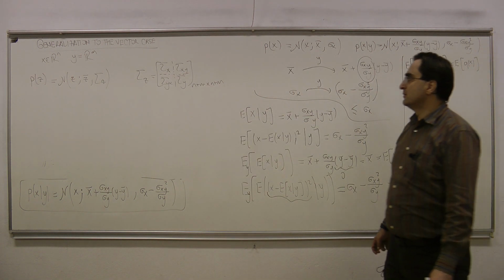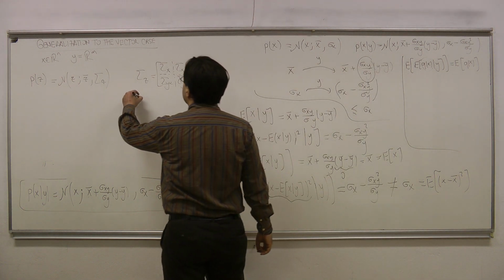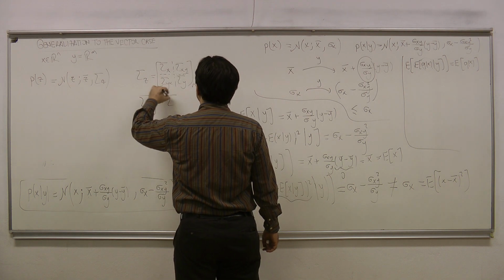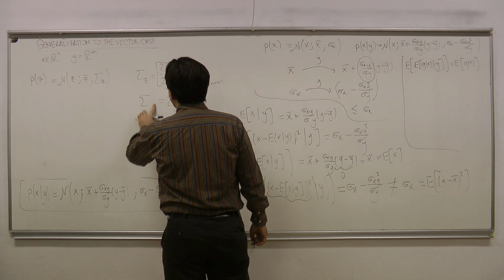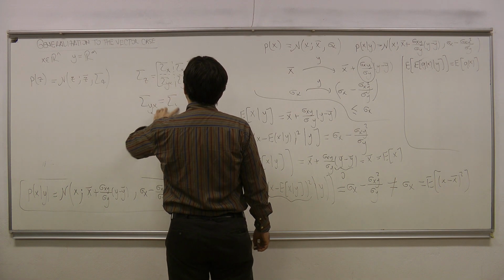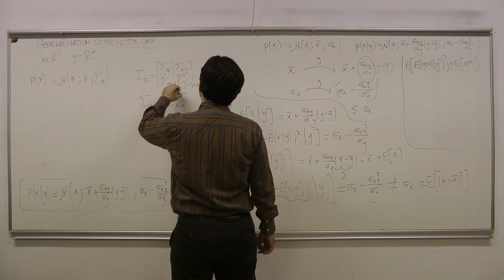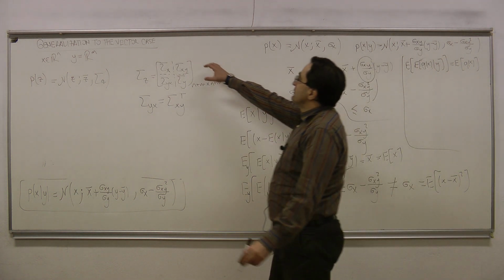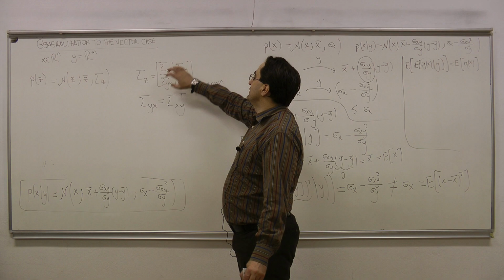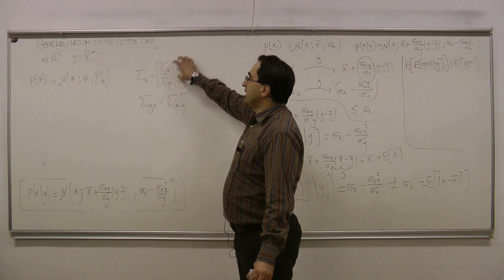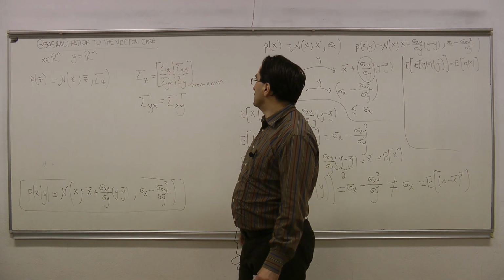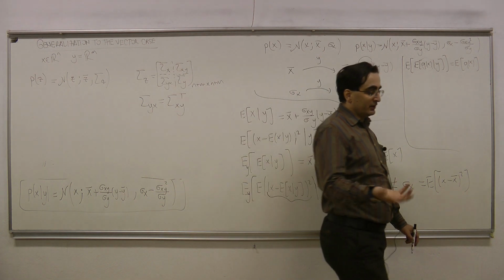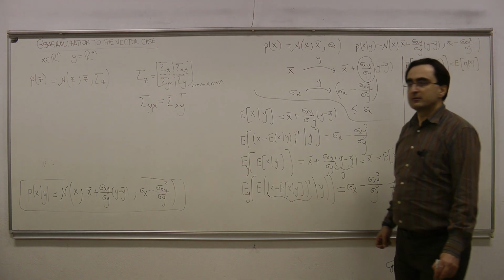Why is that? Actually, they are almost equal, but they are equal up to a transpose. Sigma yx is equal to sigma xy transpose. Even the sizes of these matrices do not have to be equal. Therefore, these two matrices cannot be equal in general, but they are transposes. All right?